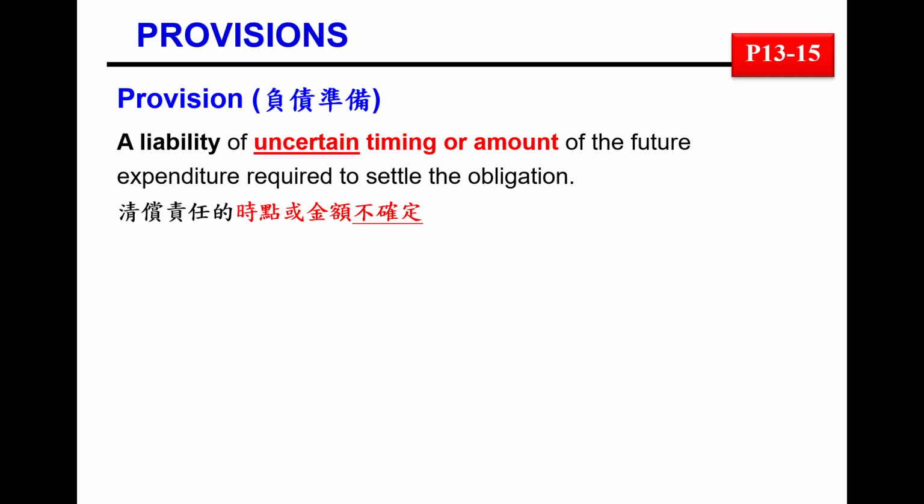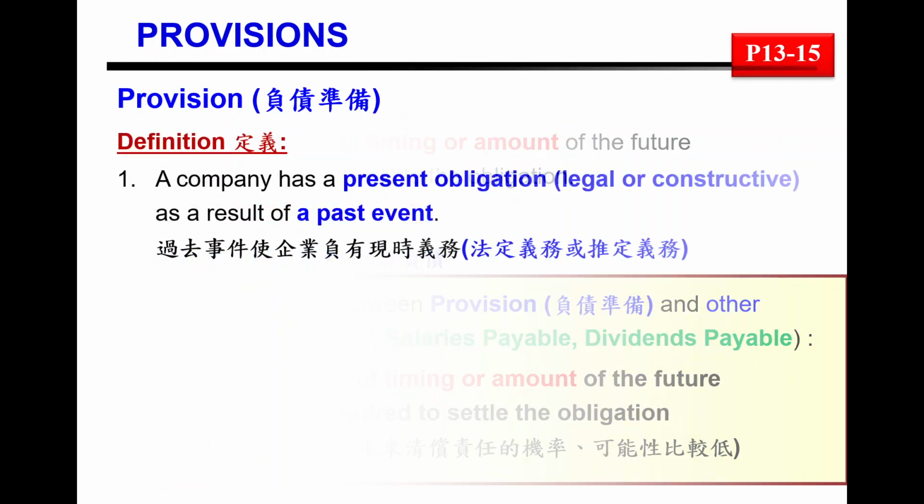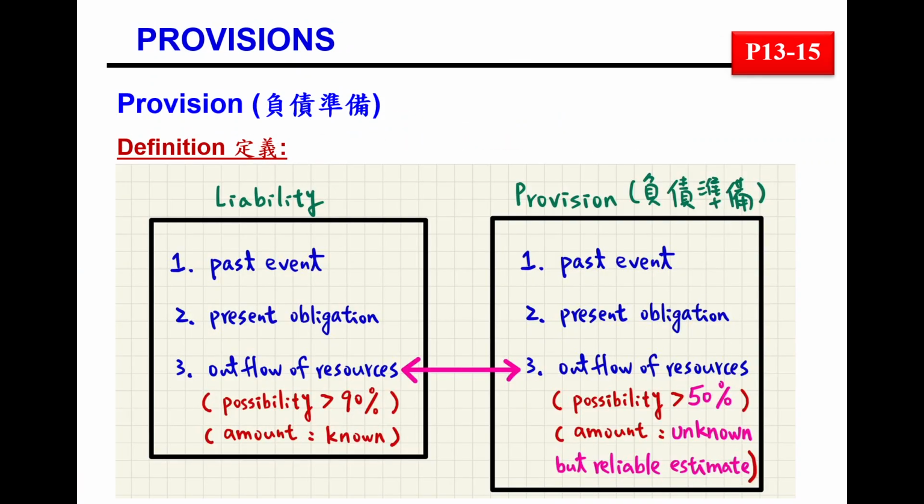What kind of uncertainty do we have? We are not sure about the timing and the amount. If you remember current liability, go to slide 76 first.